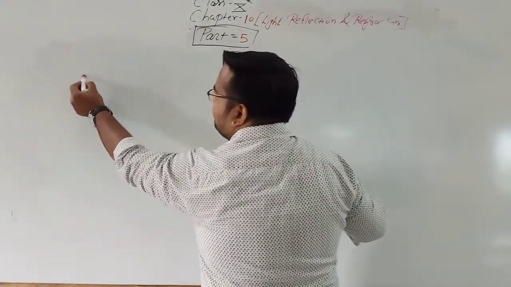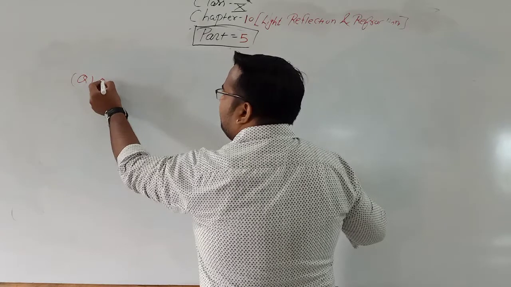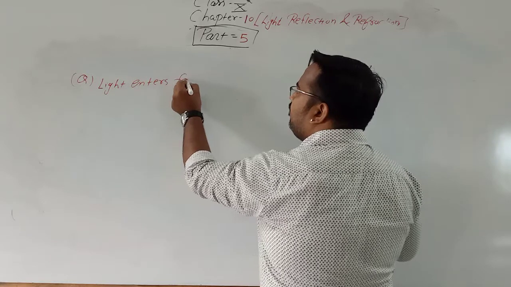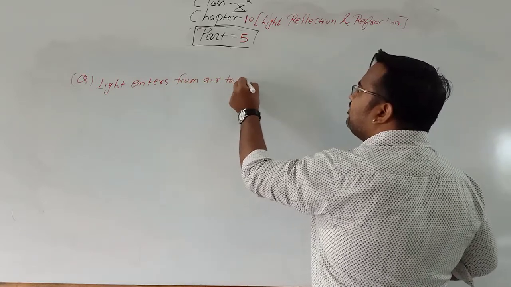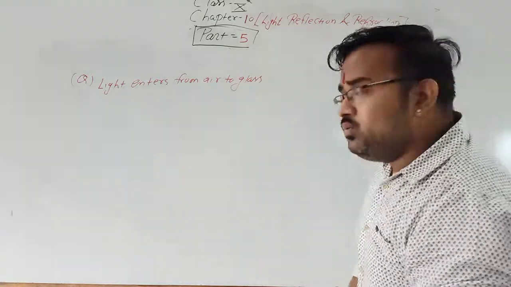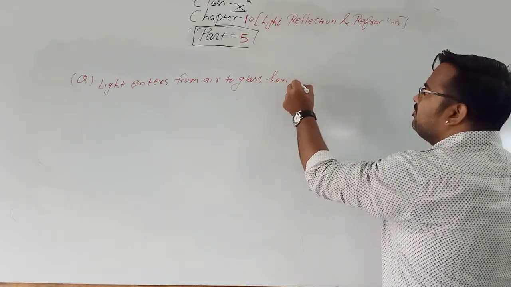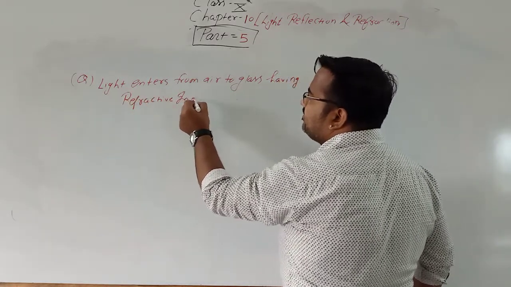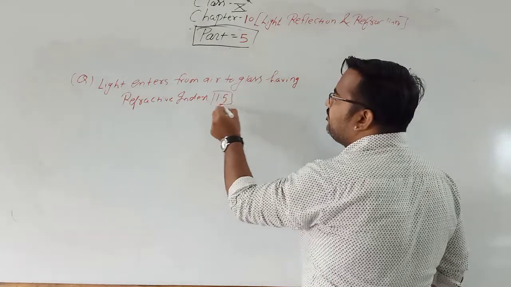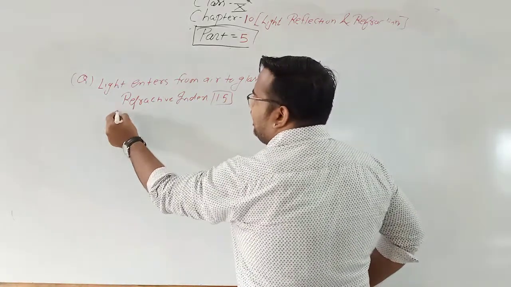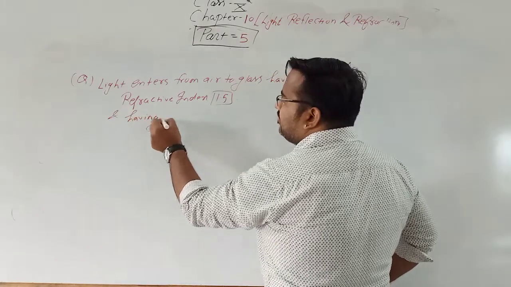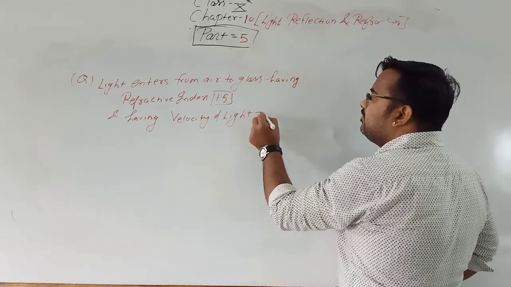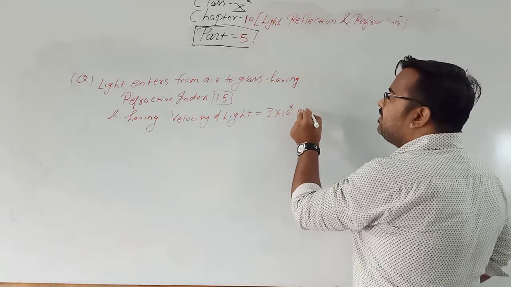The question is: light enters from air to glass having refractive index 1.5 and having velocity of light 3 into 10 raised to 8 meter per second.